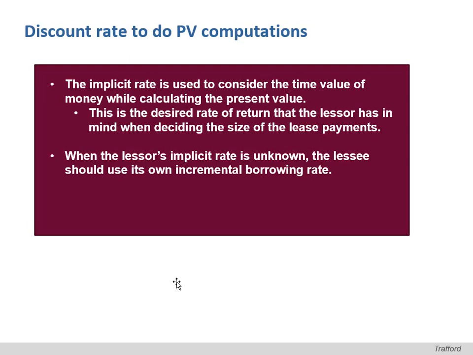So this is the rate that the lessor used when they were determining what their required lease payments would be. So as long as the lessee has that information, they would use that implicit rate to do their present value computations. If the lessee doesn't know the lessor's implicit rate, the lessee just uses their own incremental borrowing rate.